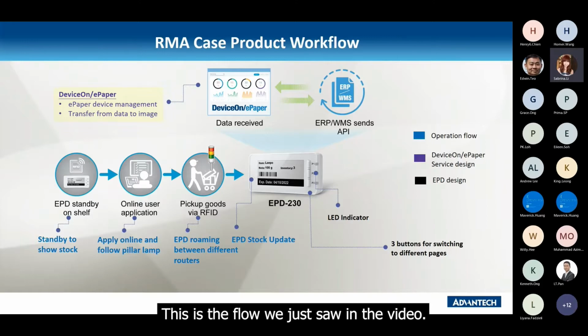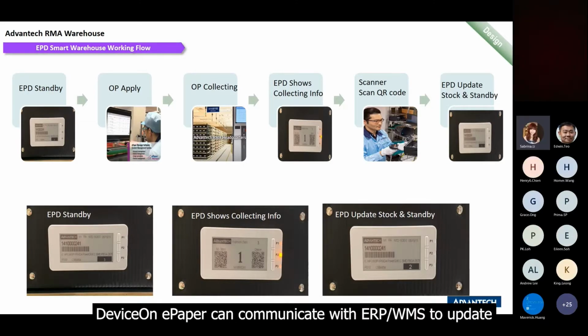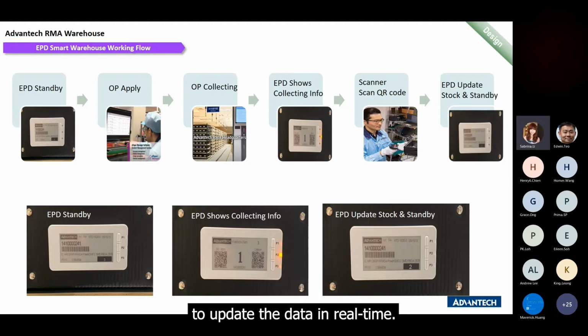This is the flow we just saw in the video. The operator applies online and follows the indicator to get the material. From the system point of view, Device On ePaper can communicate with the ERP WMS to update the data in real time.